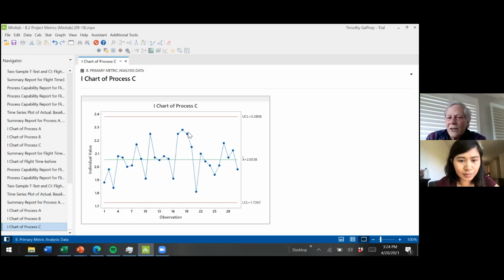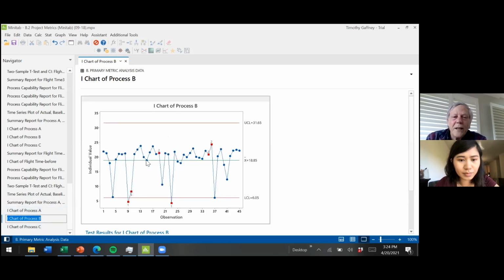Those are all the tests that are being run on this data that determined that for process B, you violated the thing. Look at how many points in a row above the mean. This one's outside the control limits. And it puts the number of the tests that it violates next to each red dot.